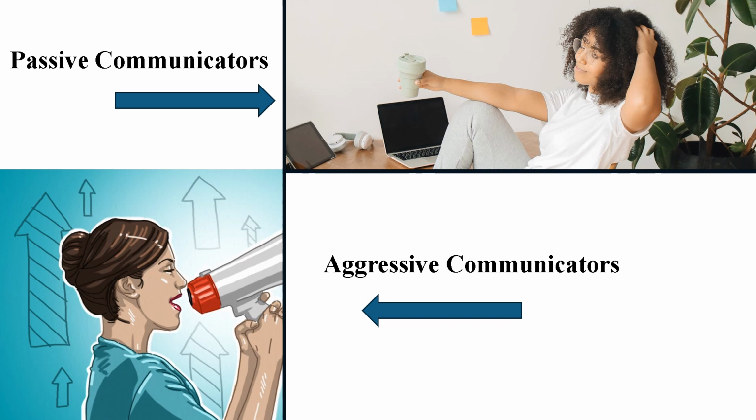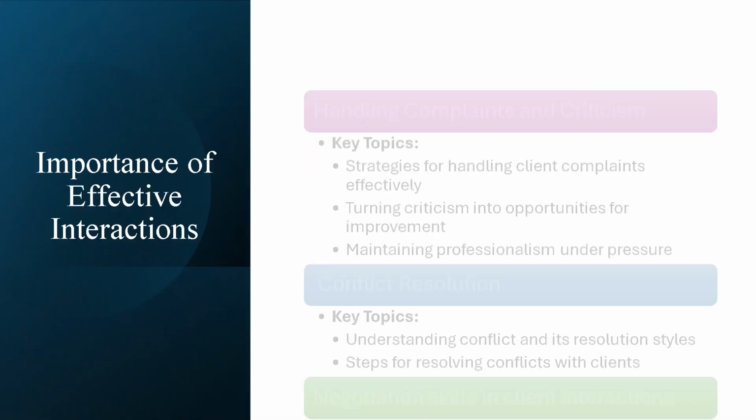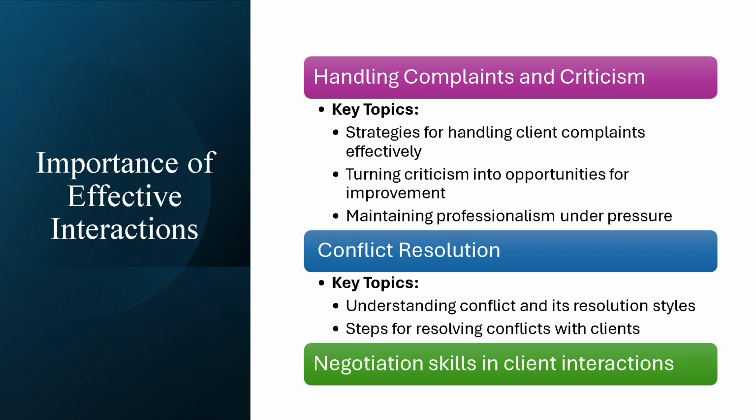So we don't want you to be passive. We don't want you to be aggressive. We need you to be effective. And the only way you're going to be effective is to be in the middle of those two ways to communicate. You want to communicate where you're heard and not necessarily seen negatively, but you can be trusted in your relationship with other people. The importance of effective interaction is very important.